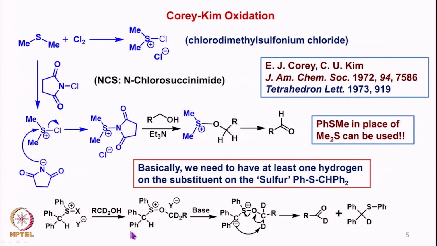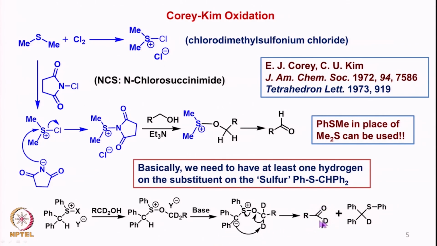So we get this intermediate, to which when base is allowed to react, this particular proton will be picked up based on the mechanism that we have discussed earlier, and then the intramolecular abstraction of the proton, in this particular case deuterium, will lead to the formation of the corresponding deuterated aldehyde.